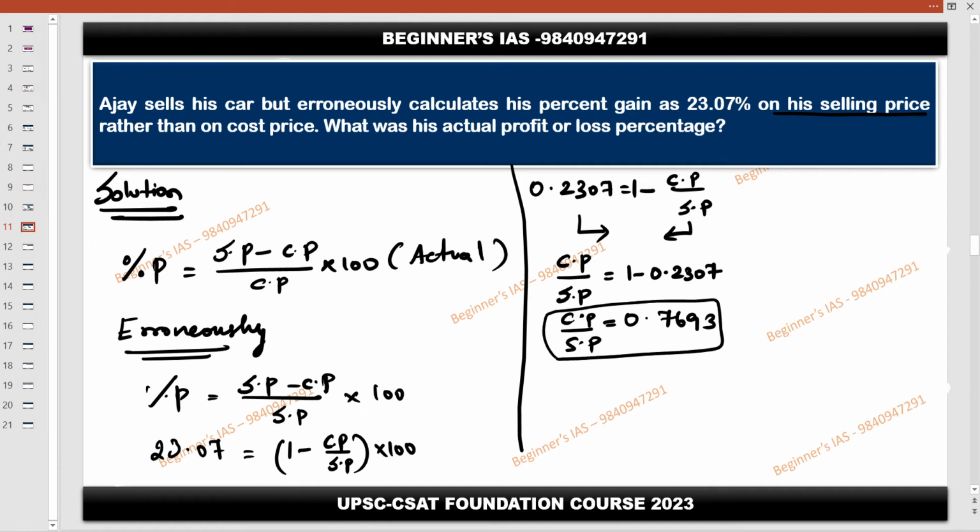Then actual profit only you need to calculate. Okay, what is the actual one with respect to the cost price? Therefore actual profit is equal to SP minus CP by CP into 100, which is equal to SP by CP minus 1 into 100.